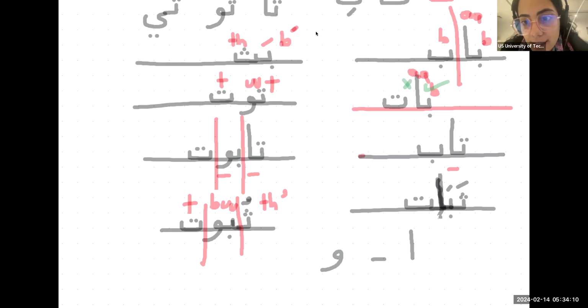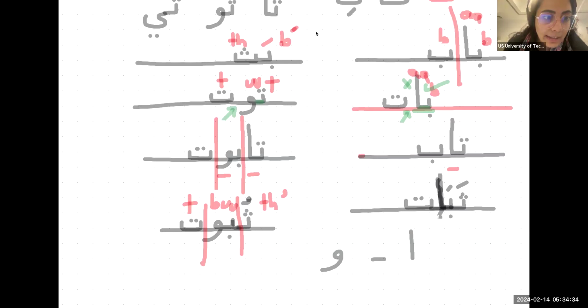You see the connecting line right here? And the same goes for the waw in the word toot. It's connecting to what's before, but it's not connecting to the ta.